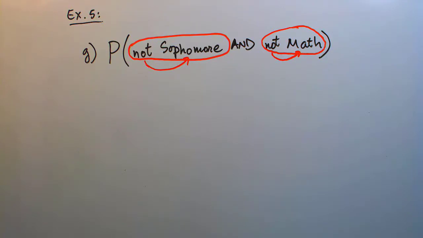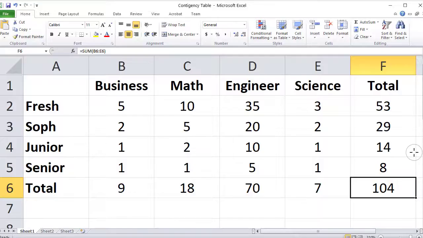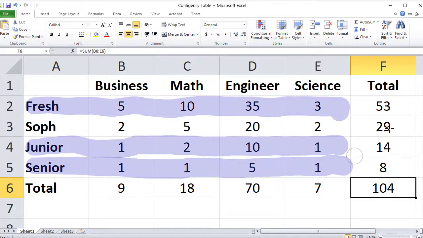And so back into my contingency table. The non-sophomores are in these rows, and the non-math majors are in the columns with the light pink color running through it.